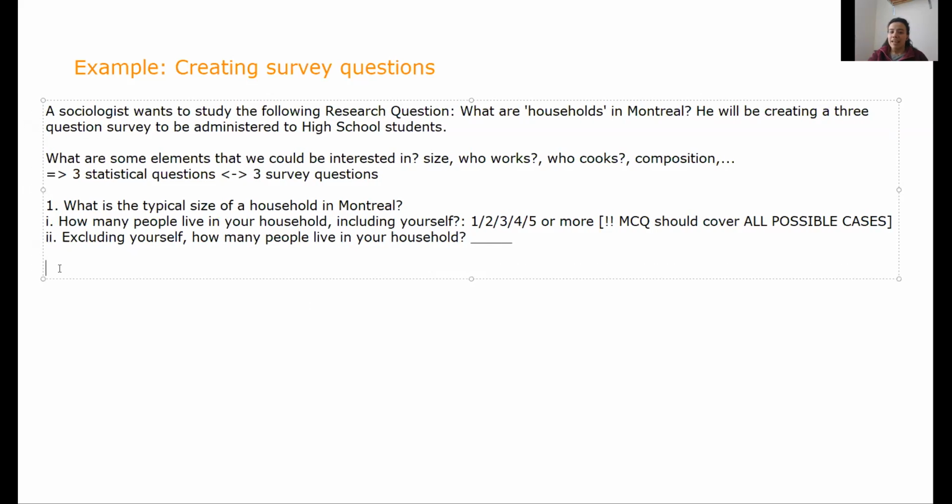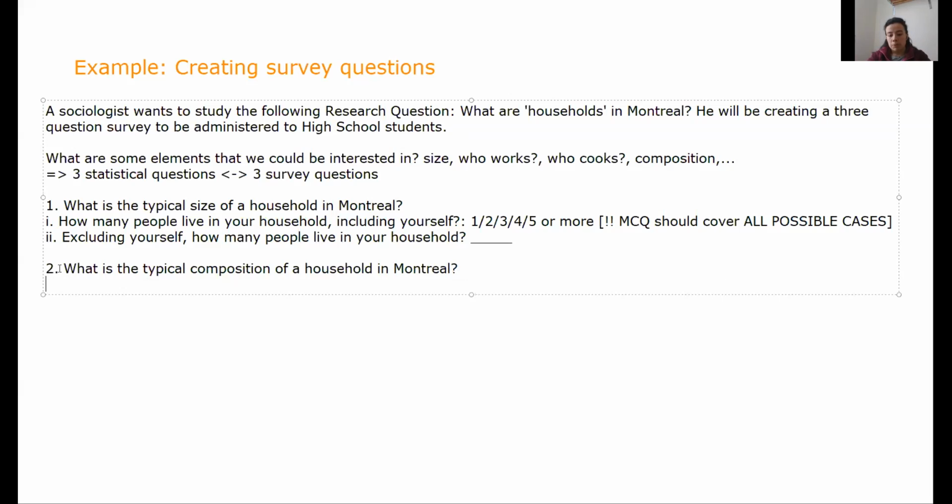All right. So, second statistical question: what is the typical composition of a household in Montreal? So basically that means who is in the household in Montreal. Do people live with their parents, with their children, and so on?